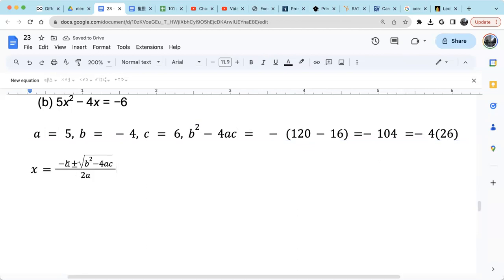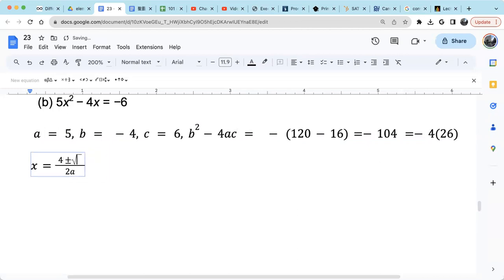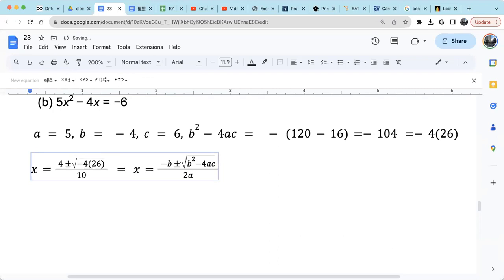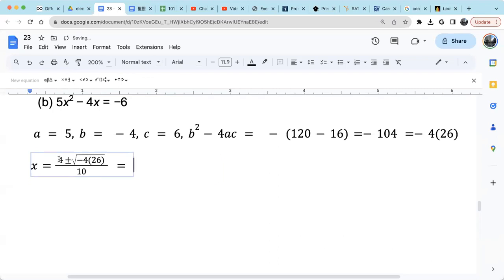So negative 4, that's positive 4, plus or minus the discriminant that we already calculated, which is negative 4 times 26, and 2 times a, which is 5. 2 times 5 gets 10. So I get 4 divided by 10.